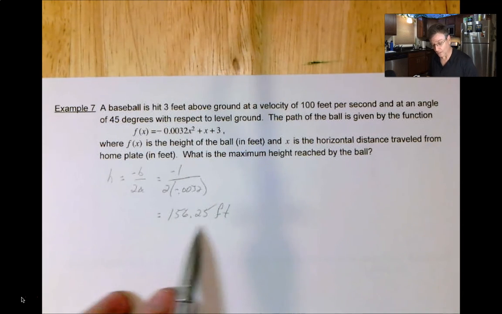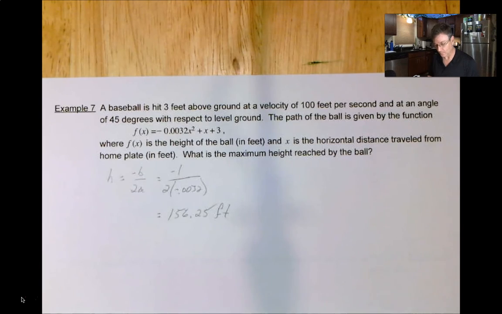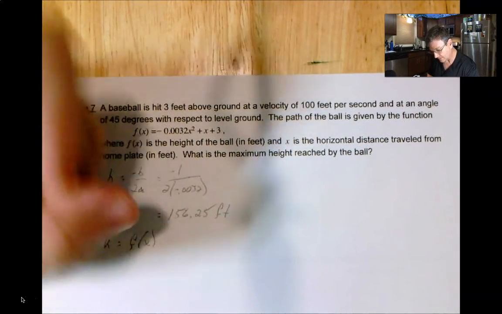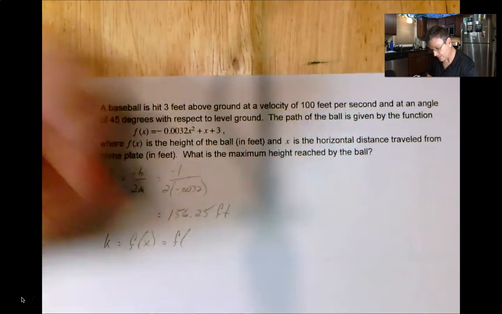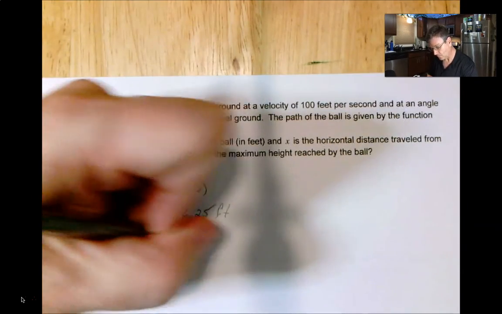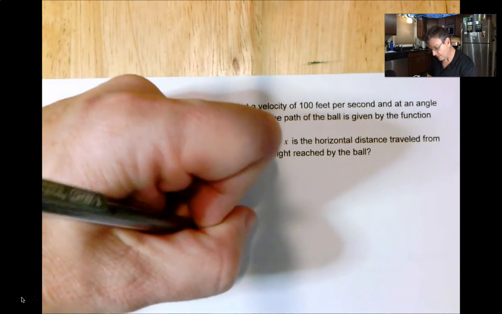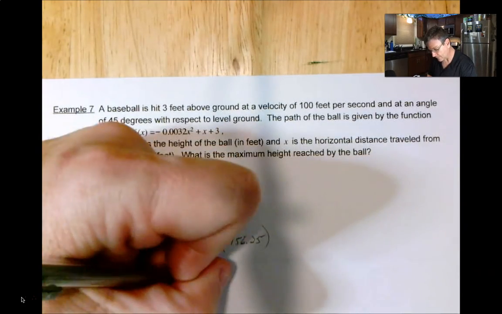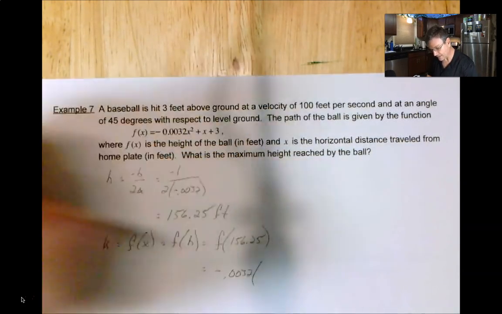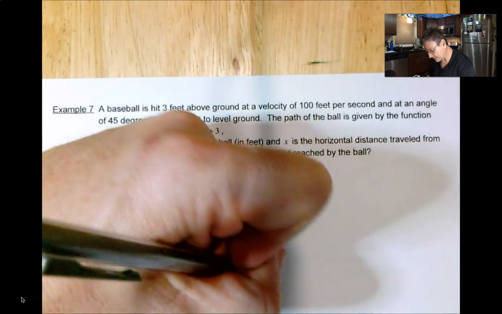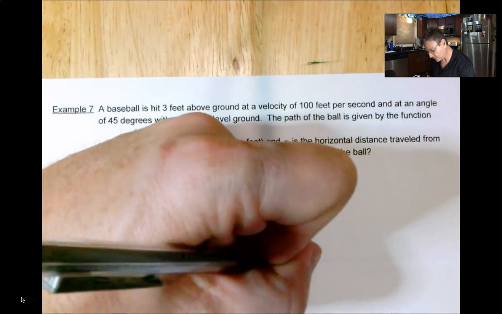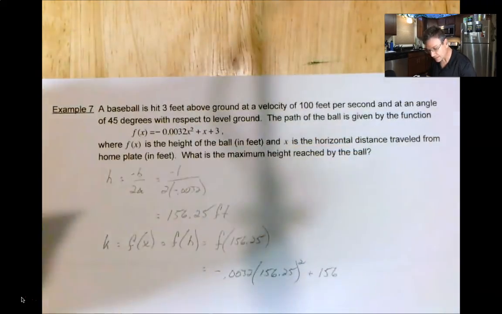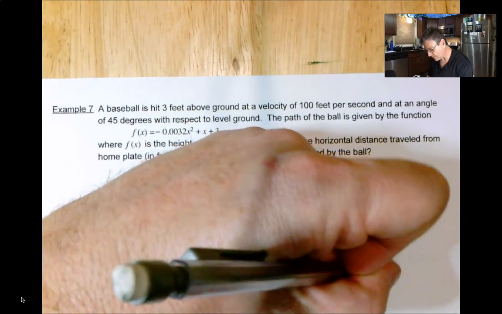So now we need to know what is that maximum height at this distance away from home plate, or the k, or f of x value, or in this case f of h value, which is f of 156.25, which is negative 0.0032 times 156.25 squared plus 156.25 plus 3.